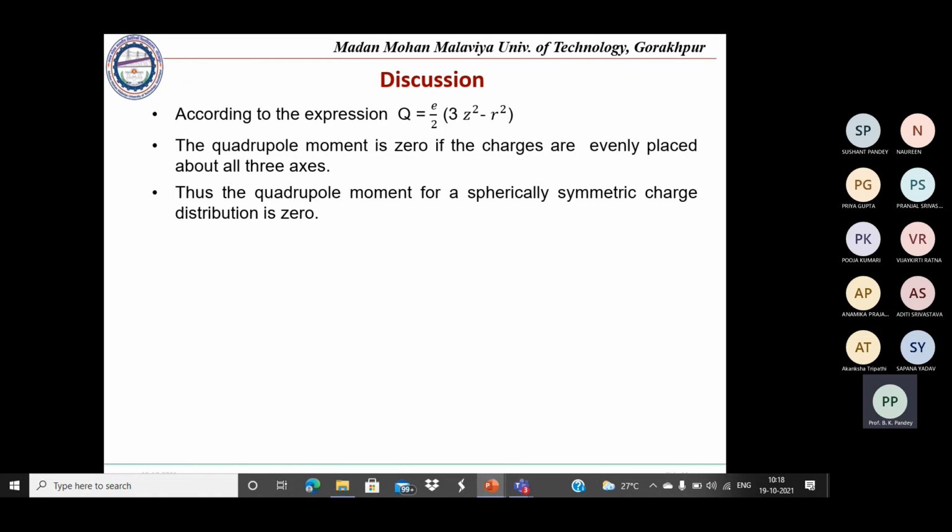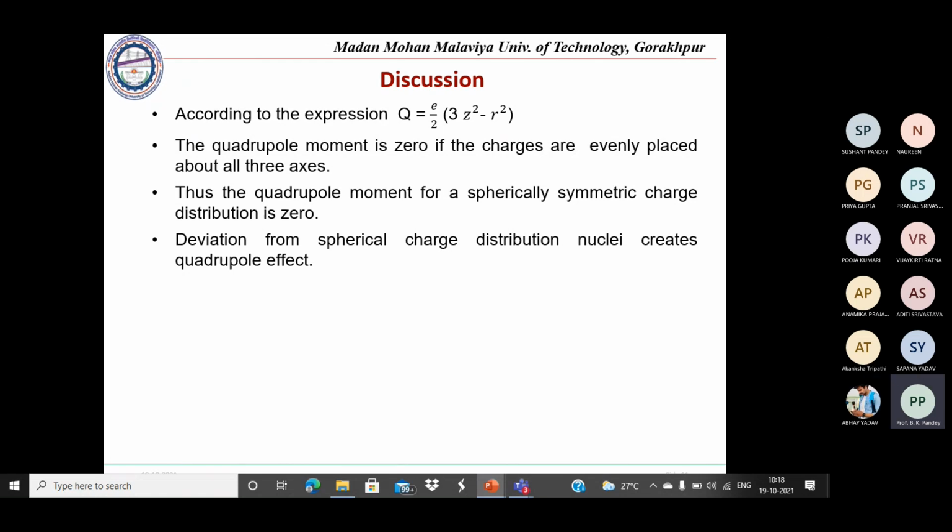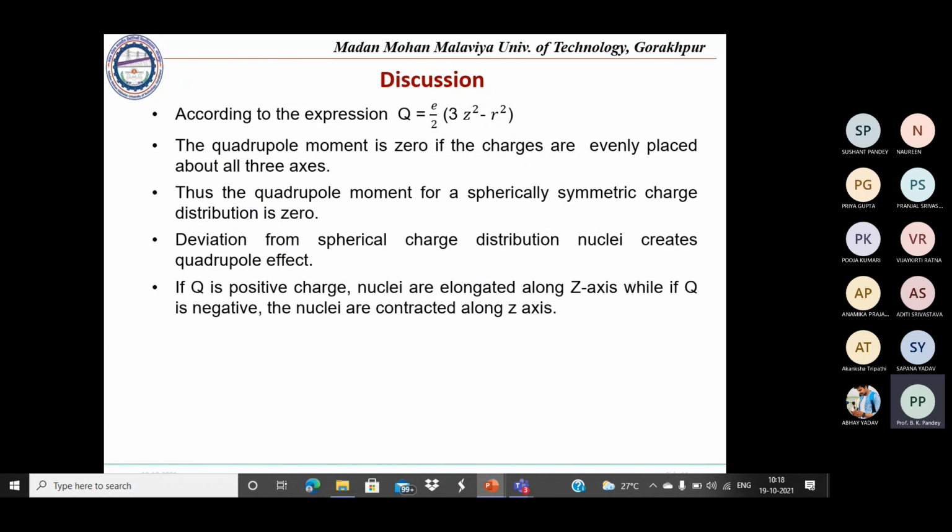Thus, the quadrupole moment for a spherically symmetric charge distribution is 0. That is, if departure is not there, then there is no chance of a quadrupole moment. Deviation of the nuclear charge distribution from spherical creates the quadrupole effect.